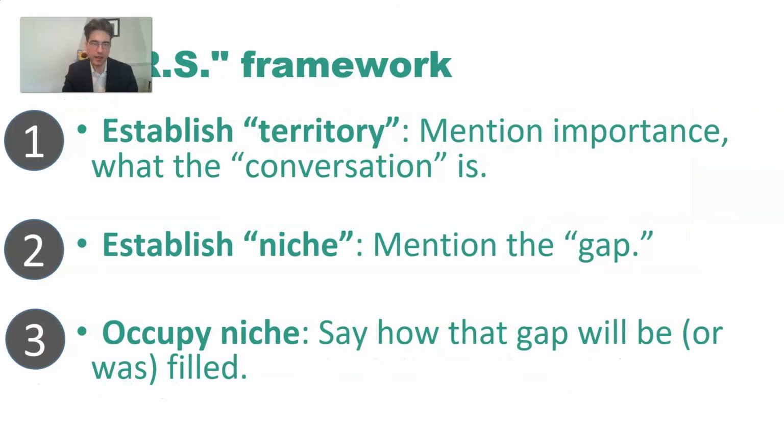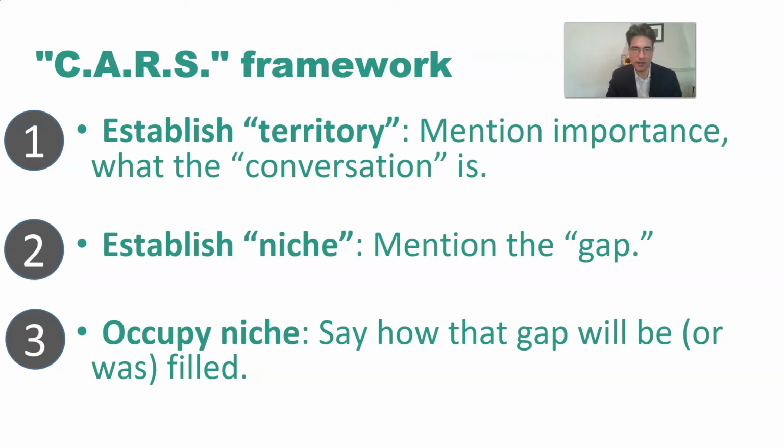And in CARS, therefore, John Swales would say that researchers in move one often do what he called establish a territory, which is basically when the authors talk about the conversation that they're entering, the importance of the research.